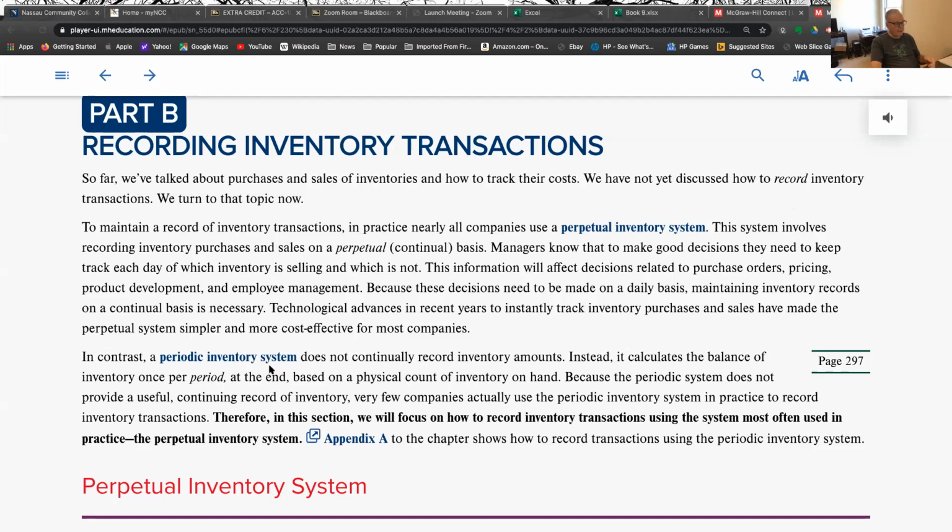One of the weaknesses of that system is you do not continually keep track of the inventory, right? You do not continually keep track of the inventory. So during the year, you really don't know exactly how much inventory you have, which is a weakness.